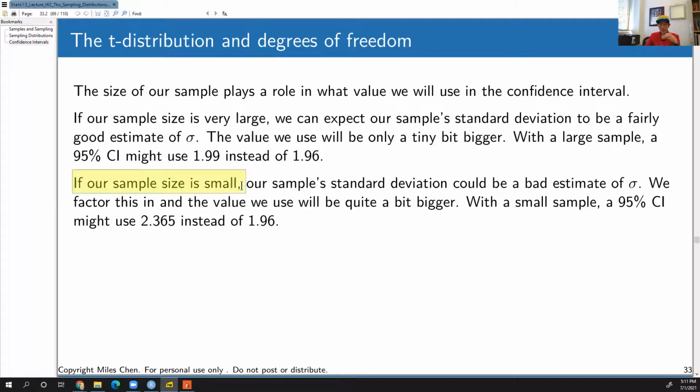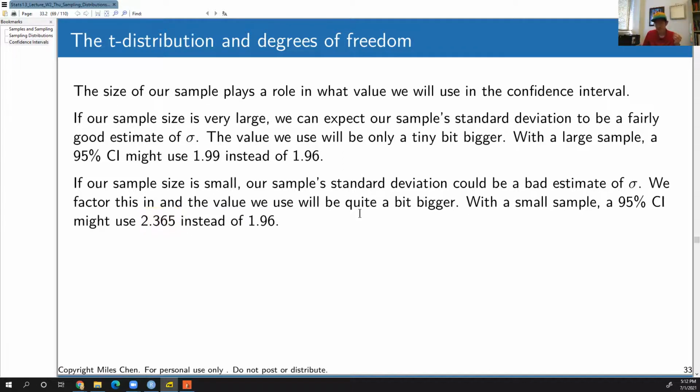Does that kind of make sense? If our sample size is small, our standard deviation might be a bad estimate of sigma. And so to compensate for this, we're going to fudge our number. Instead of 1.96, we're going to bump it up to something a lot bigger, say 2.3, okay, 2.365. This is what we would do if we have a small sample, because we can't expect our small sample to be a very reliable estimate of the population.